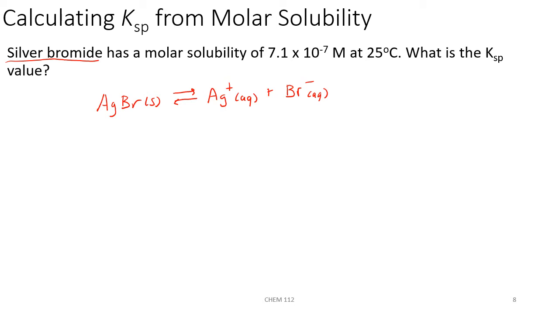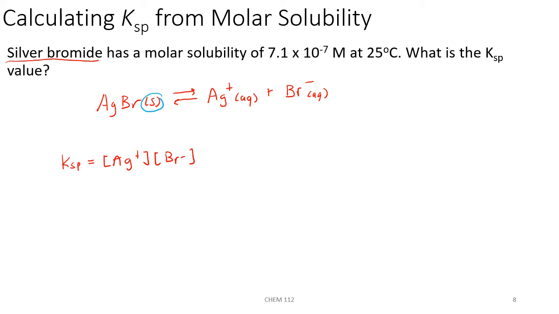Our equilibrium expression for this would end up being KSP is equal to the concentration of silver ions times the concentration of bromide anions. And remember that we don't have anything in the denominator because the left-hand side of our equation is a solid, so that doesn't get included in our equilibrium expression.